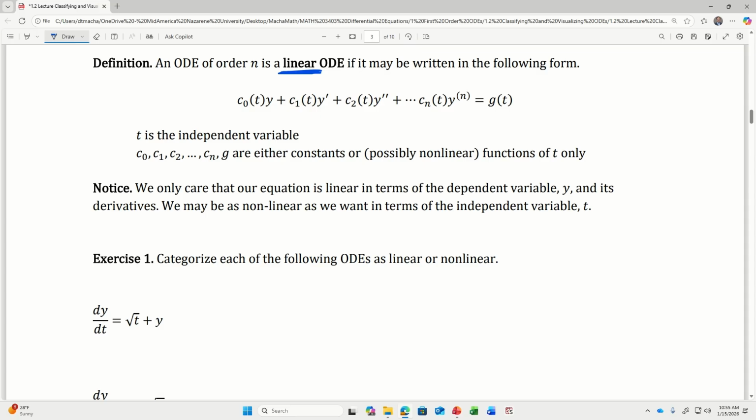As for the independent variable, like the t, it can be whatever it wants to. It can be as non-linear as you want for your t variable. It only matters that you have a linear combination of the dependent variable and its derivatives.